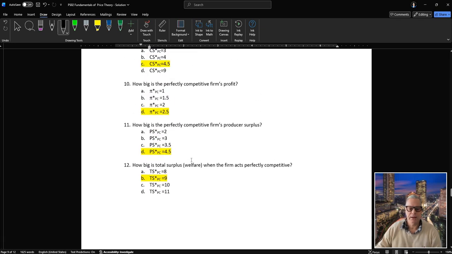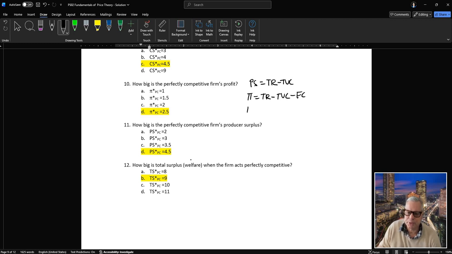And again, the difference, if you remember when we talked about producer surplus, we said producer surplus is total revenue minus total variable cost, and the profit is total revenue minus total variable cost minus fixed cost.